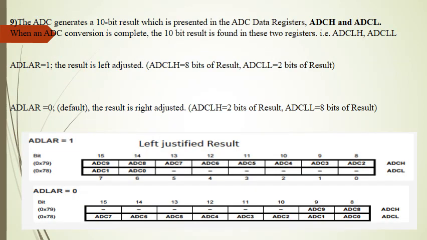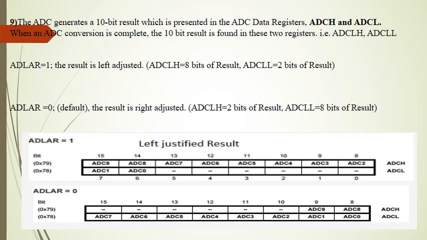Now the next feature is that the ADC generates a 10-bit result, and since the ATmega is an 8-bit microcontroller, the data is stored in two registers. The two data registers are ADCH and ADCL. ADCH stands for ADC high and ADCL stands for ADC low. Now there is one bit, ADLAR, which we'll discuss in a later slide. If that bit is set to 1, then the result will be left adjusted.